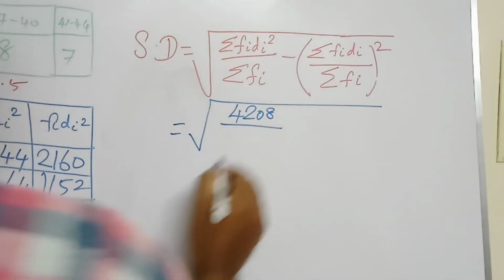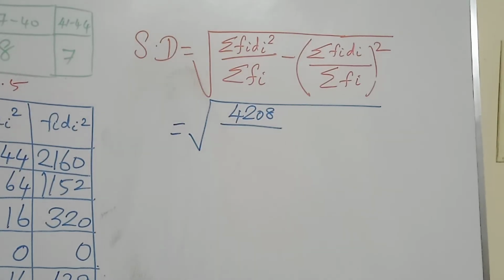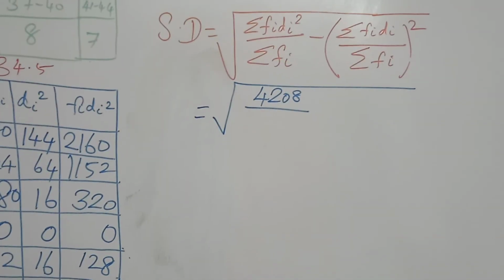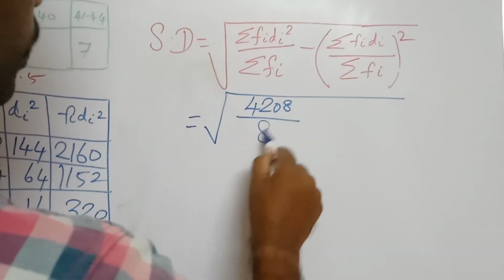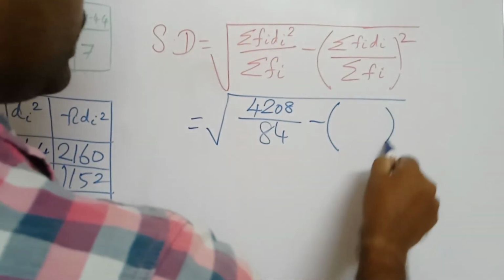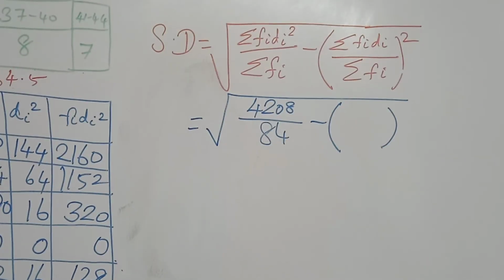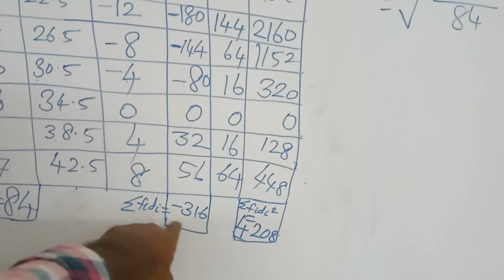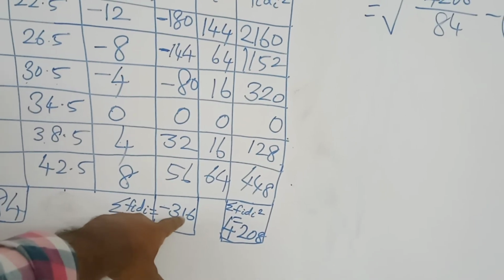4208 by sigma Fi. What is the sigma Fi value? Sigma Fi value is 84. So the same value I need to mention. 84 minus sigma Fi di. Sigma Fi di is minus 316.